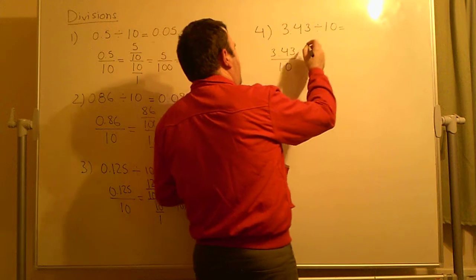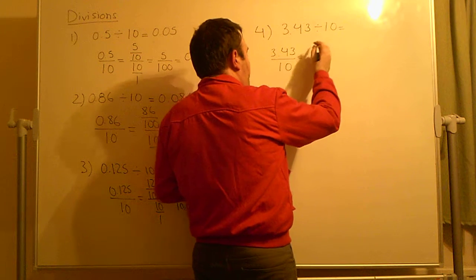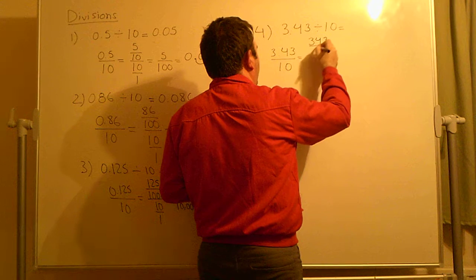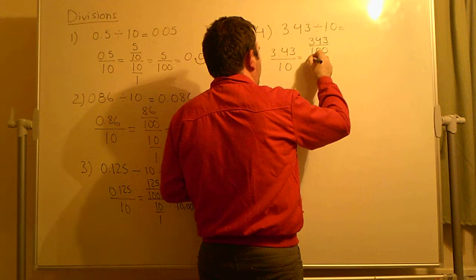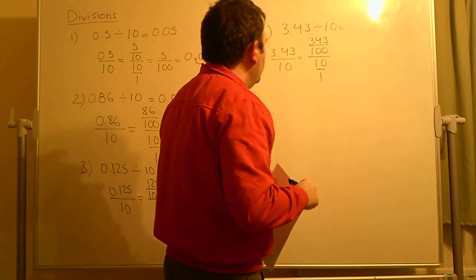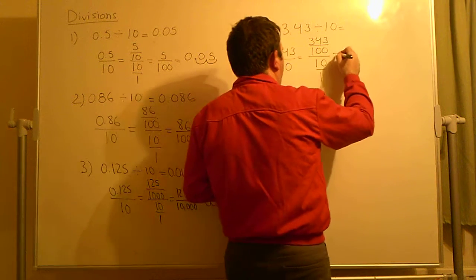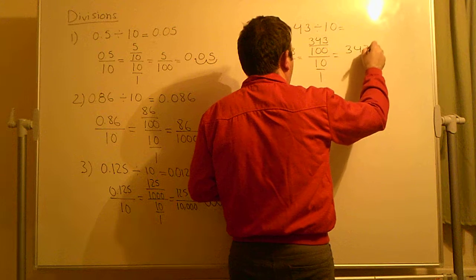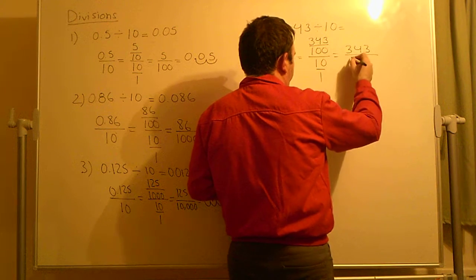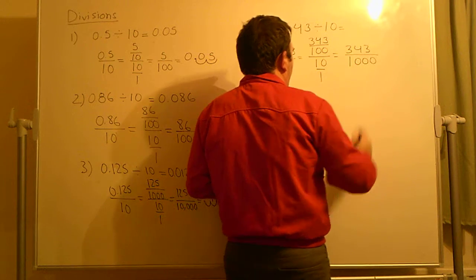So this 3.43 can be expressed as 343 divided by 100, and this divided by 10 divided by 1. So here we will have 343 times 1, 343 divided by 1000.